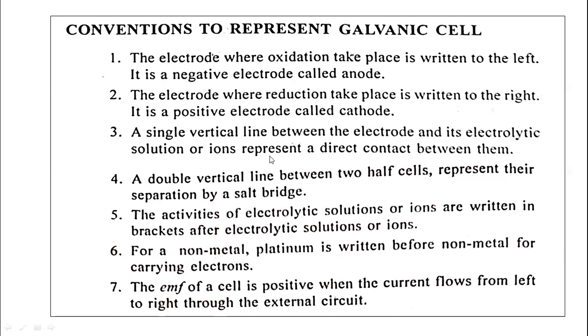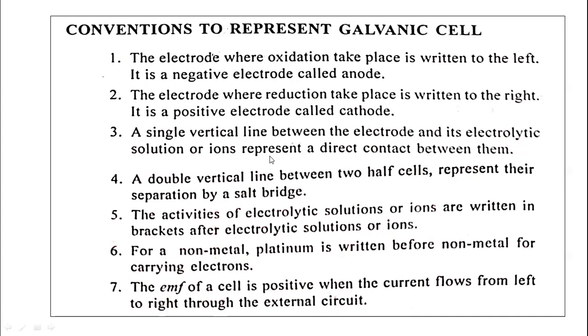Now let us see the conventions regarding the representation of the galvanic cell. Convention means rules. According to the IUPAC, the galvanic cell can be represented by considering these rules. What is the first rule?